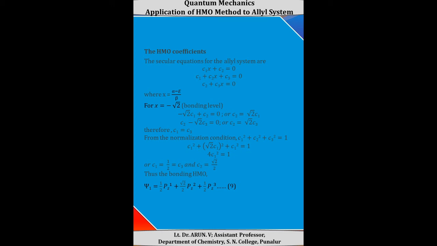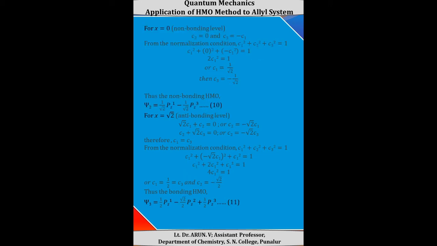Therefore, the bonding Huckel molecular orbital psi1, by giving the coefficients, is equal to 1 by 2 pz1 plus root 2 by 2 pz2 plus 1 by 2 pz3.